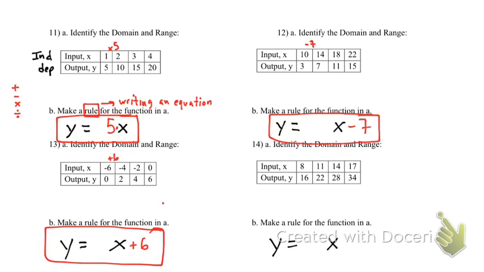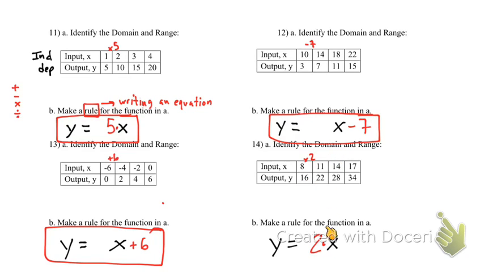We tried addition. I'm not going to try subtraction because that doesn't make sense, but I'm going to try multiplication. So I'm going to multiply by 2. So let's see if this rule works. Let's plug in 8. 8 times 2 gives me 16. Good.